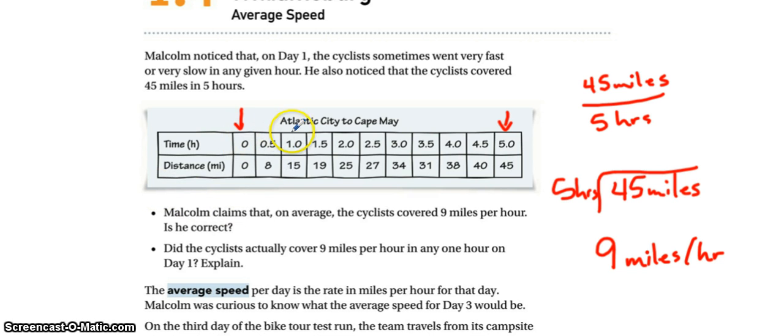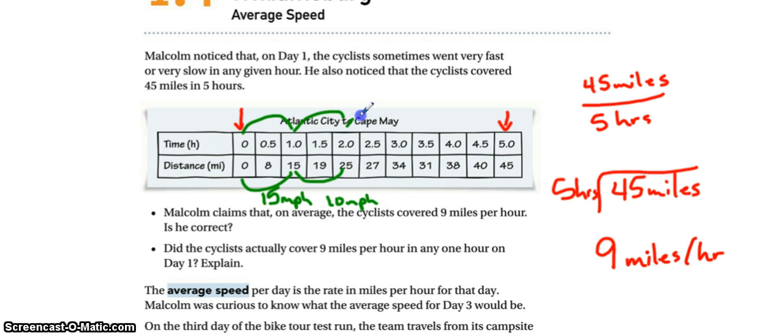From hour 0 to hour 1, they went from 0 to 15 miles. So in this increment of time, they averaged 15 miles per hour. From 1 to 2, they averaged 10 miles per hour, so they actually are going faster than that average of 9 miles per hour.